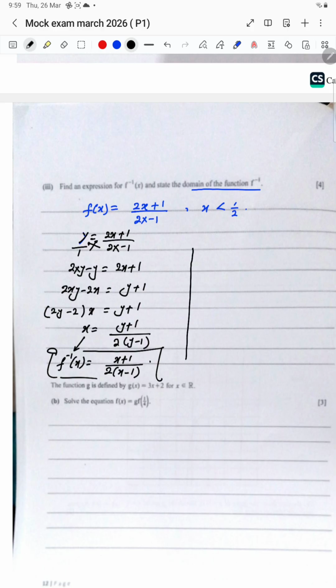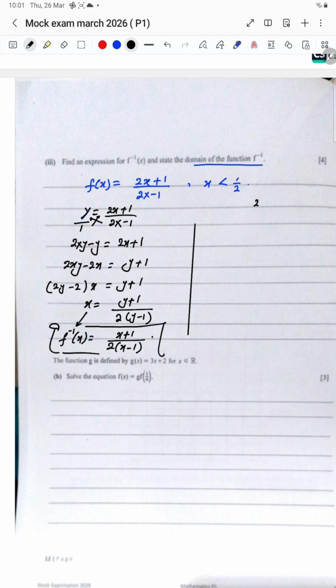As we know, the domain of f inverse is equal to the range of f.